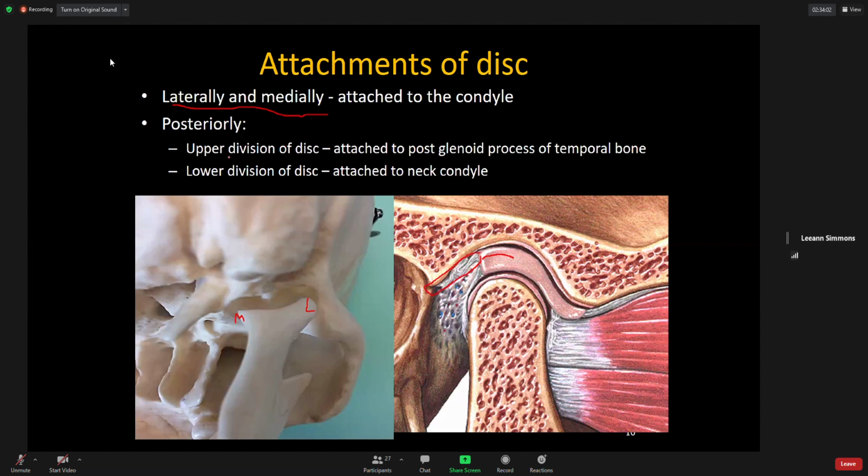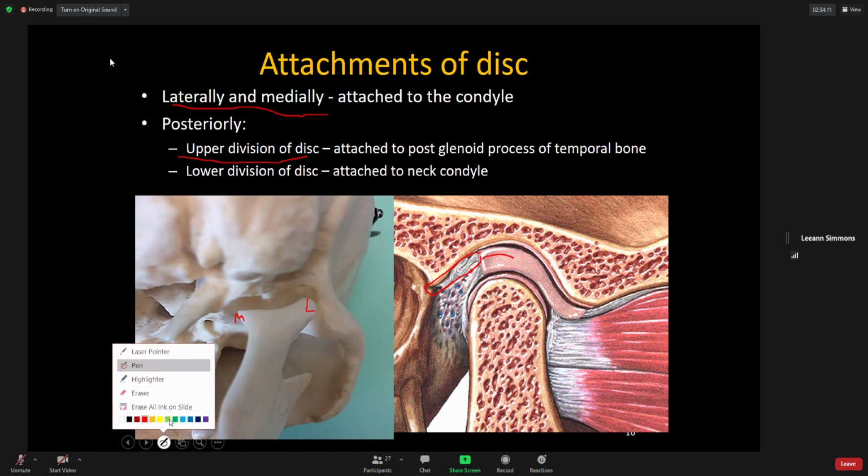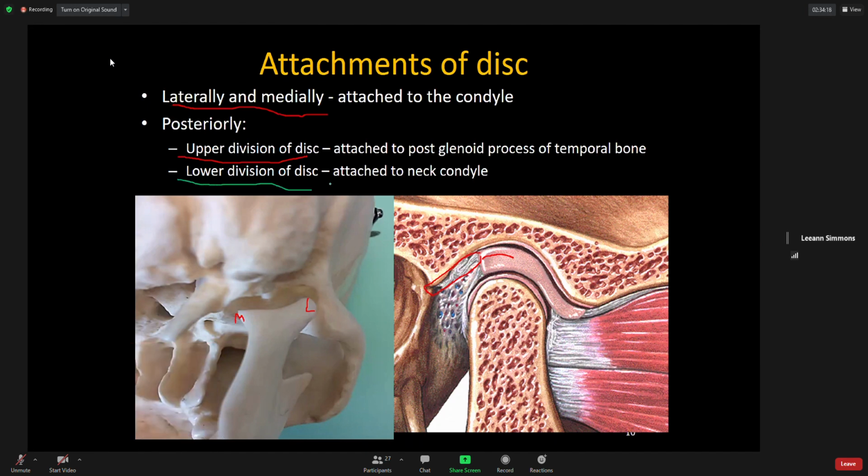So I'll put that in red here, okay. The lower portion of the disc, and let's get a different color, is attached with connective tissue to the neck of the condyle. Oh boy, when I do that, darn it. Hold on, I've got my finger too low on the mouse pad. Let me erase all this stuff.